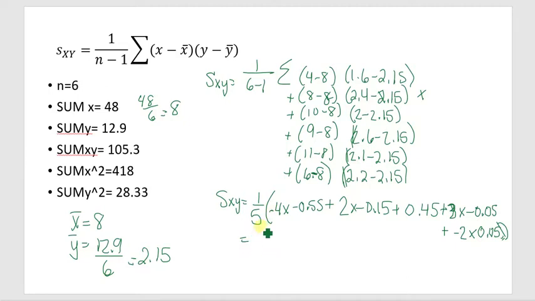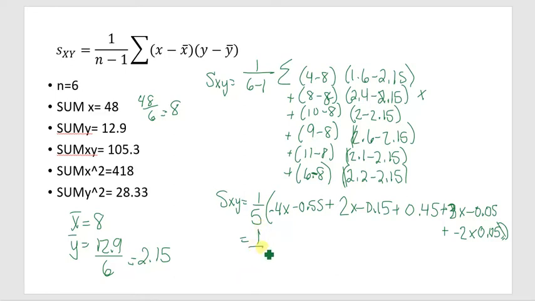Okay, I'm going to just simply put them into my calculator. Negative 4 times negative 0.55 plus 2 times negative 0.15 plus 0.45 plus 3 times negative 0.05 plus negative 2 times 0.05.